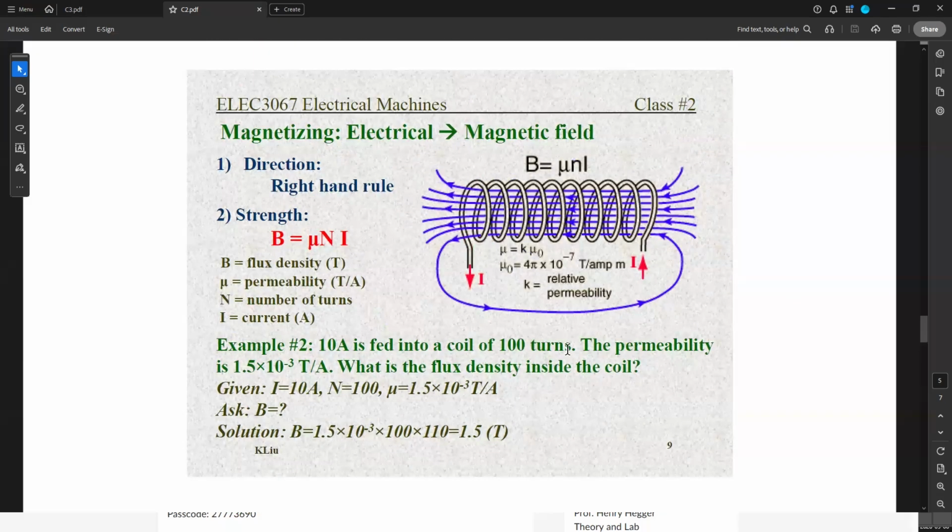All right, so what we have is the magnetizing electrical and magnetic field direction, the right-hand rule.